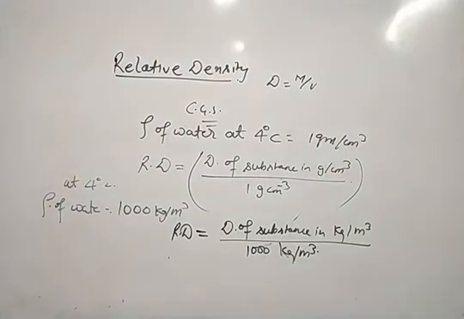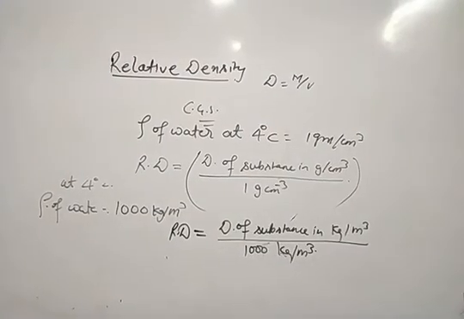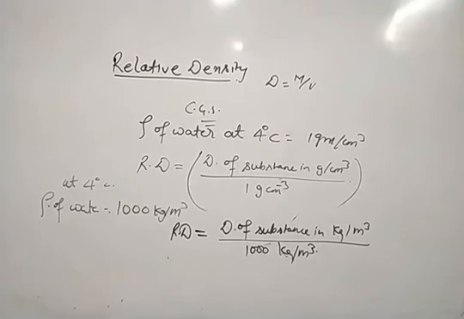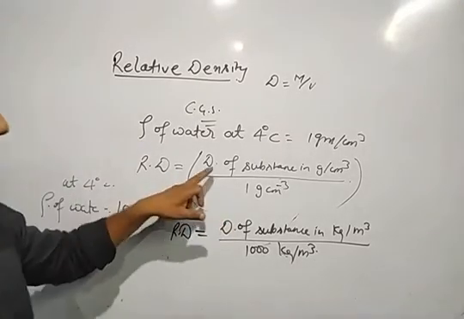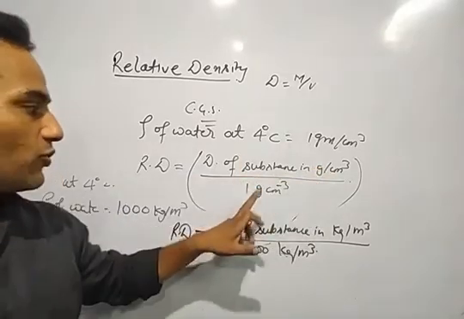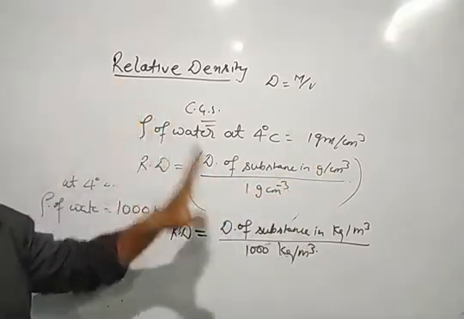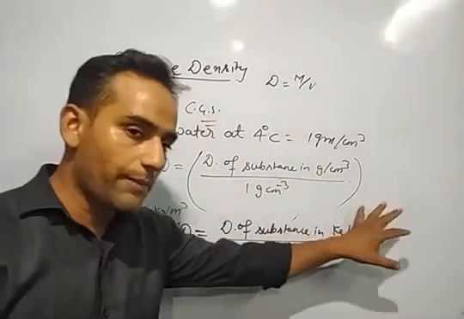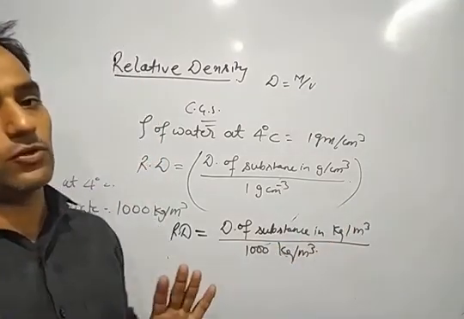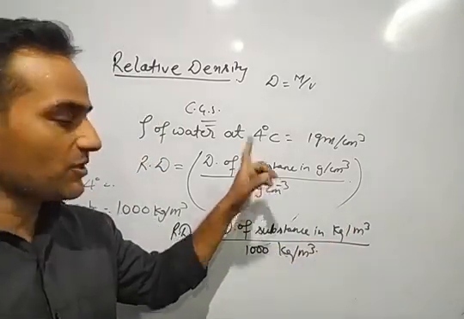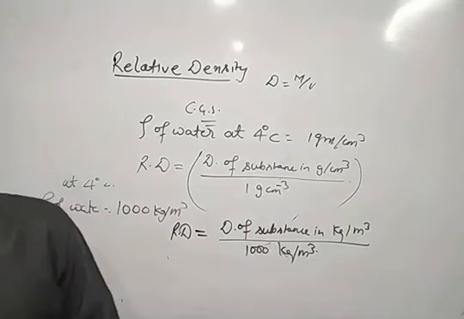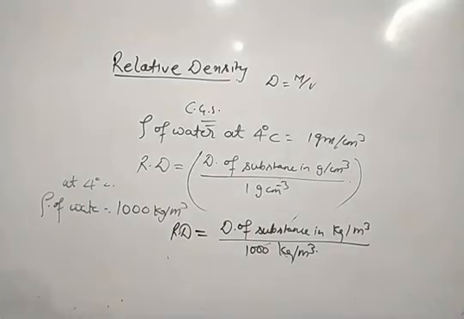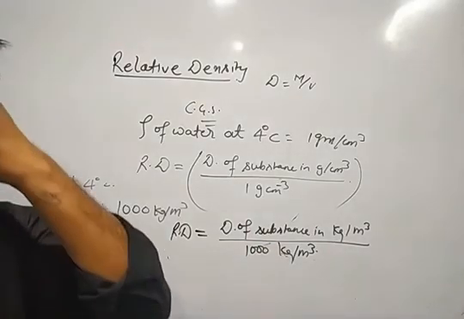Now, let us see some more things. So, relative density is density of substance in gram per centimeter cube upon 1 gram per centimeter cube, or density of substance in kilogram per meter cube upon 1000 kilogram per meter cube. This is for the CGS system, this is for the MKS system. Remember that. Now we have the difference between density and relative density.